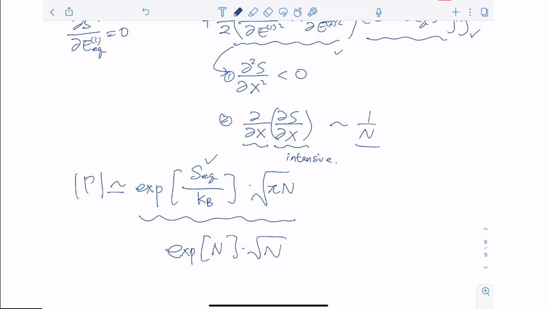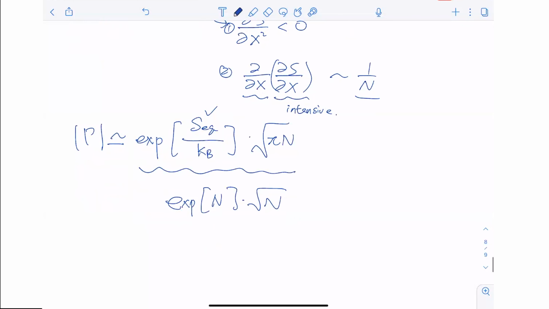Okay. So what does that mean? It means that this contribution is actually not super important because there's a super dominant one, which is exponentially large in your system size. So what can we say about that? This is basically related to the equilibrium phase space volume.